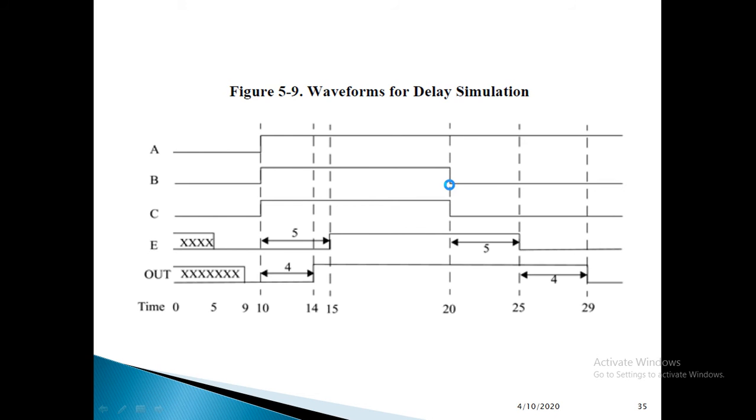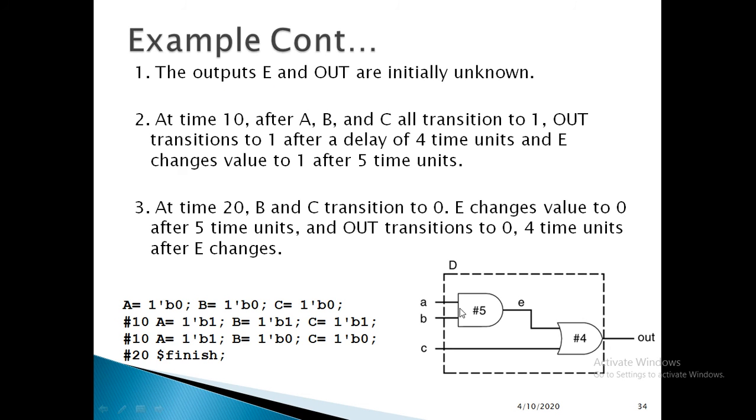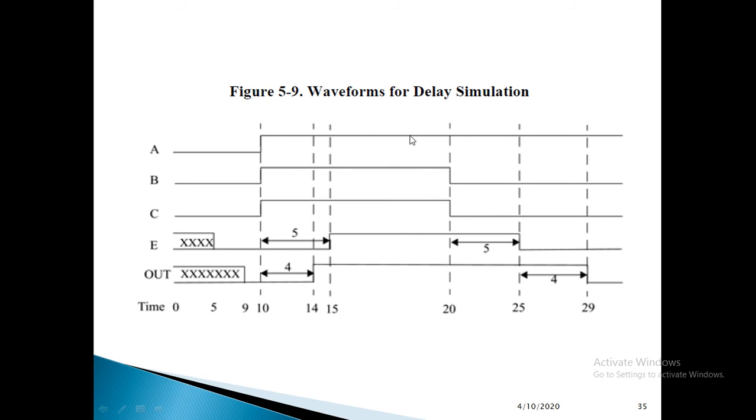You see the inputs for the E AND gate are A and B. Here A is equal to 1, B goes to 0 at time unit 20, but E is still 1, because when the input of the gate changes, the gate has to wait for its delay time before the change appears at the output.